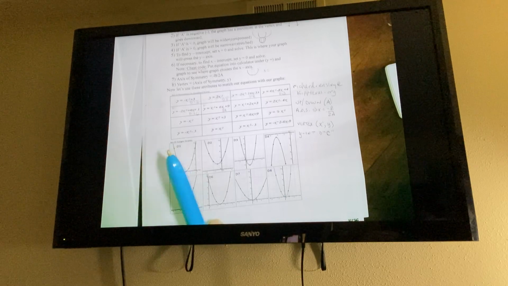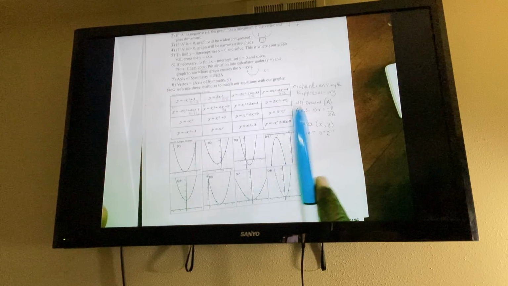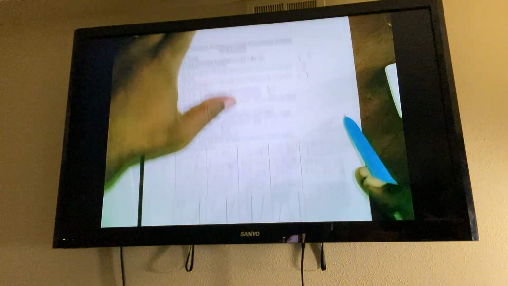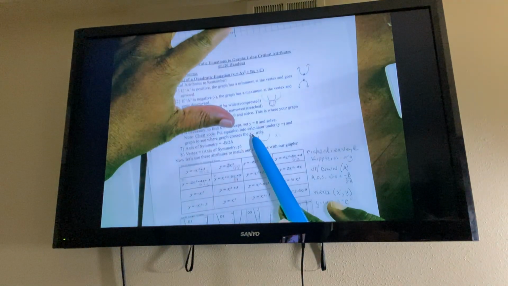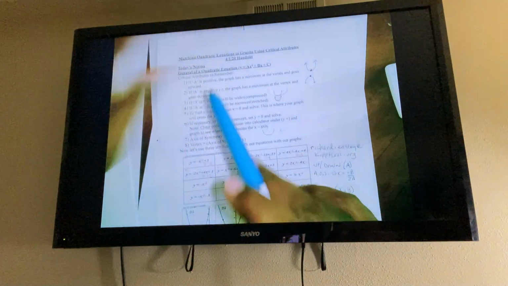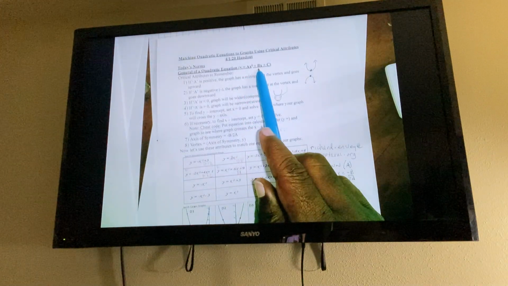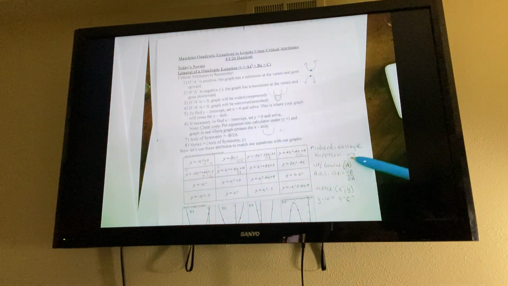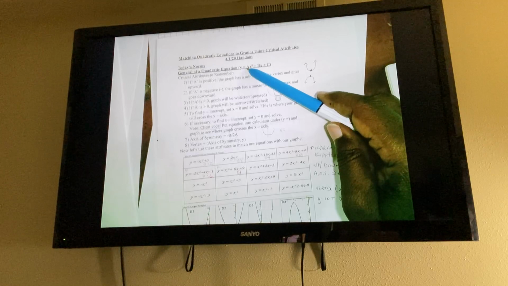But before we leave, let's remember the things we did today. Our general equation was y equals ax squared plus bx plus c. Okay, to determine whether it's going up or down, we see whether a is positive or negative.